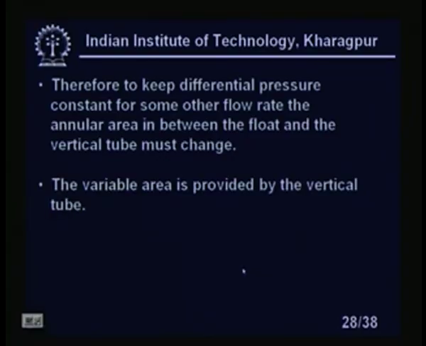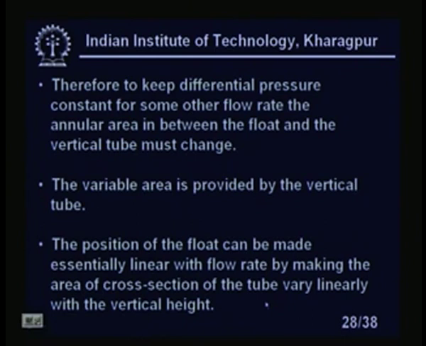Now, the variable area is provided by this vertical tube. If you do not make it tapered, this cannot be achieved. So, the position of the float can be made essentially linear with the flow rate by making the area of cross section of the tube vary linearly with the vertical height, right.